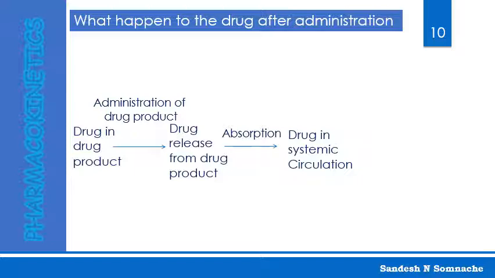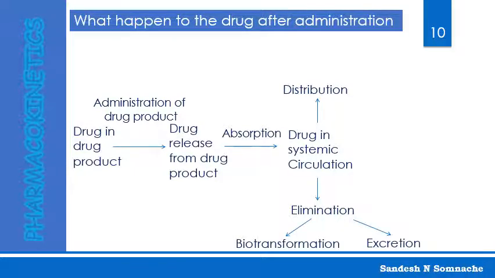Once it reaches the systemic circulation, it either undergoes distribution or elimination. Elimination involves biotransformation and excretion. Drug distribution is a reversible transfer of drug between blood and the extravascular fluid tissues.